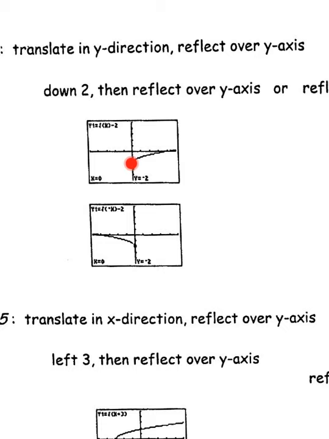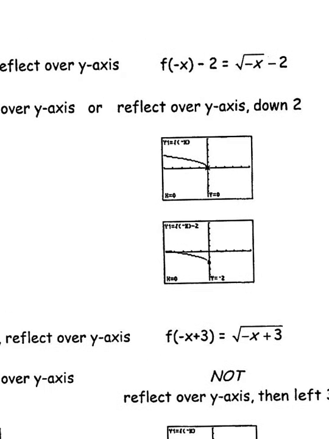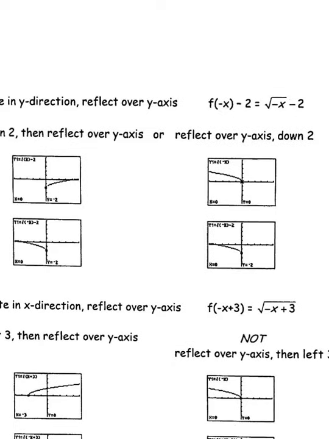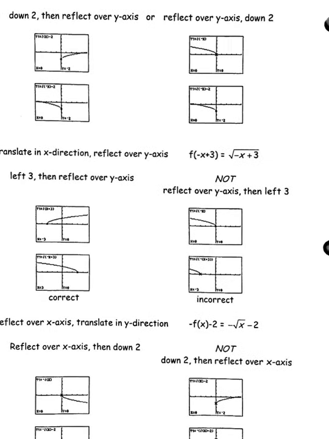If we shift down 2 and then reflect from this side over the y-axis to here, here's our final graph. For this one, if we reflect over the y first and then down 2, we end up getting the same graph in both cases. Now this is the order, and when the order matters, when we have a translation on the inside and on the outside.